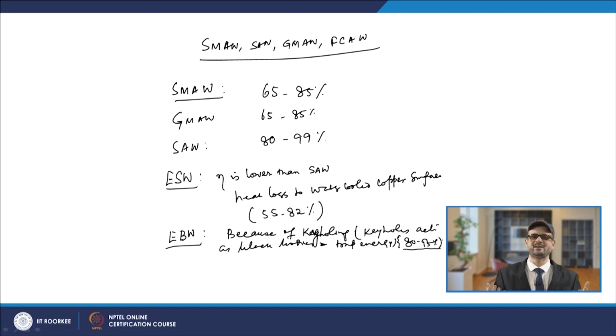Black body means it will absorb the radiation, so it will increase the temperature. There is very little energy which is likely to be dispersed or emitted towards the environment. So, its efficiency is quite high.